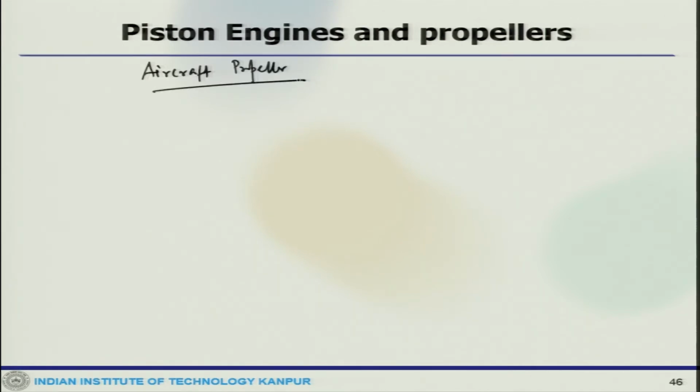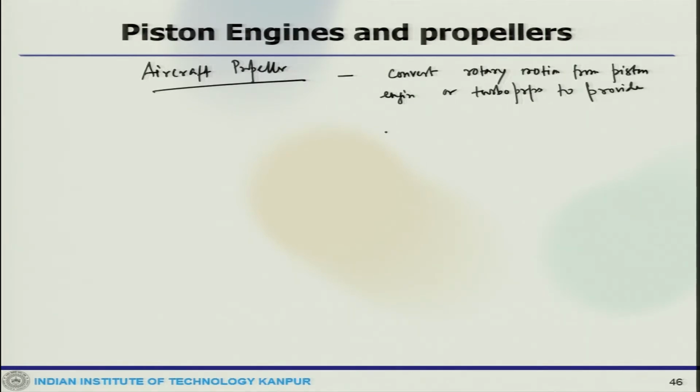What the aircraft propeller does is that it converts rotary motion from a piston engine or turboprop to provide propulsive force.